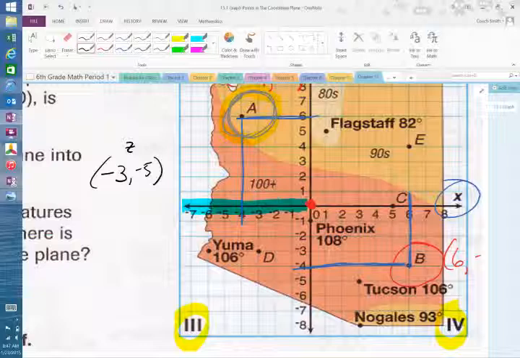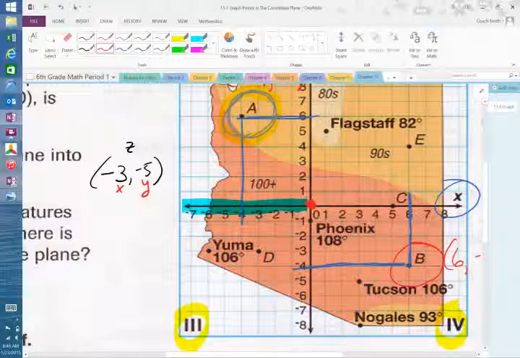You start at 0, 0. Now, -3: let's remember, this is the X, and that's the Y. So -3 means I go 1, 2, 3 to the left. Now I either go up or down. If the number's negative, I go down. If the number's positive, I go up. So am I going to go up or down? Down. And I'm going to go down 1, 2, 3, 4, 5.